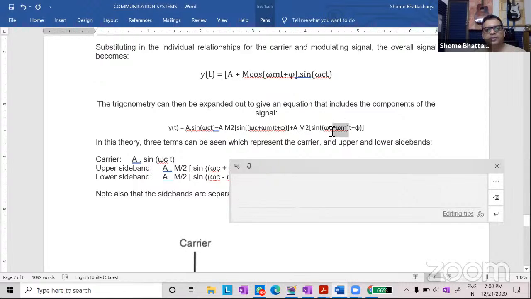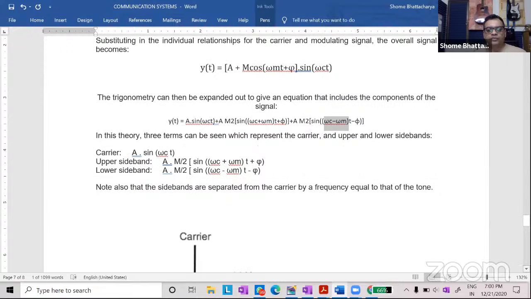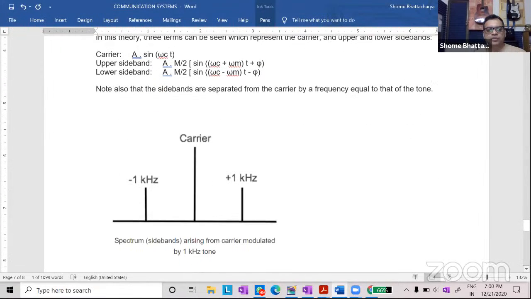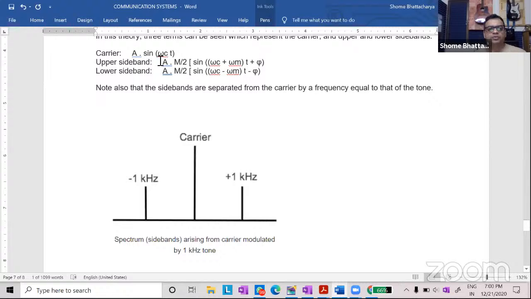So modulating your carrier wave with a simple sine wave of angular frequency omega m creates what we call two sidebands. Along with the carrier wave frequency, there is an upper sideband frequency of omega c plus omega m, and a lower sideband frequency of omega c minus omega m.